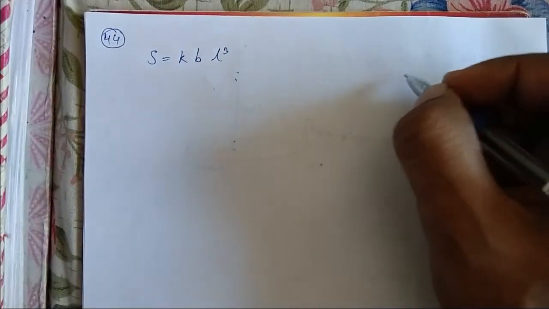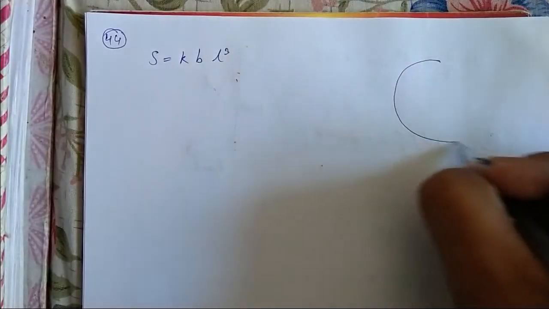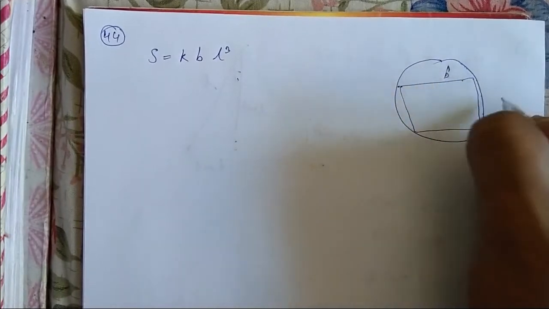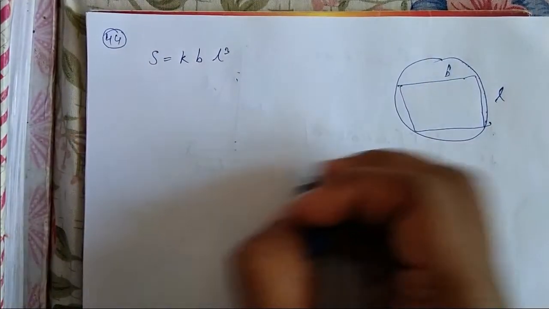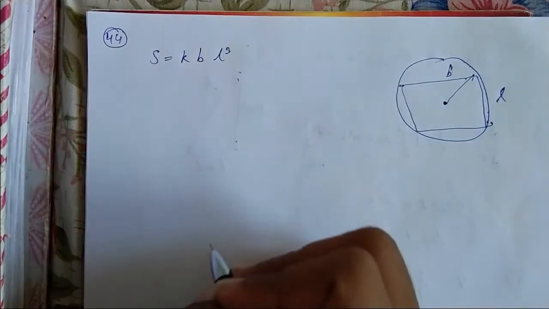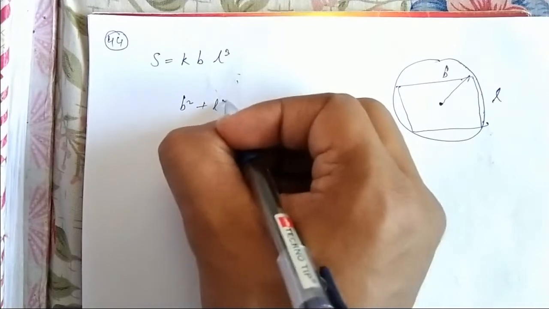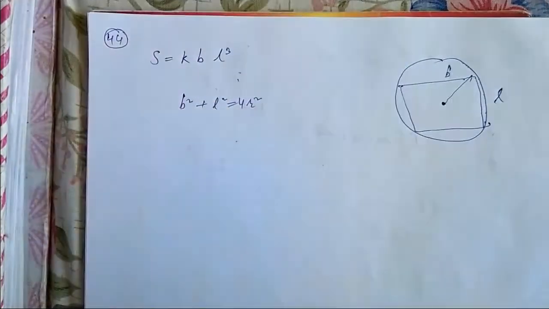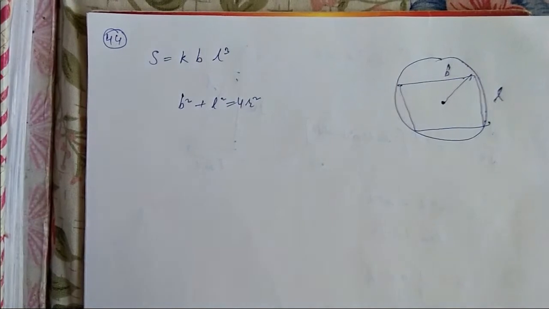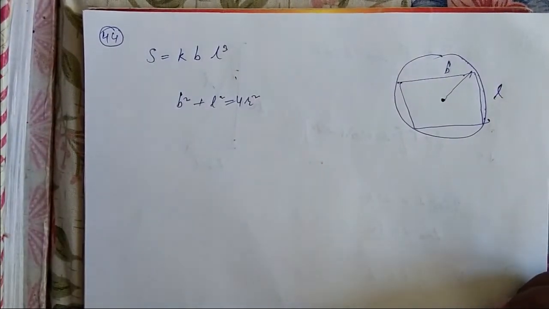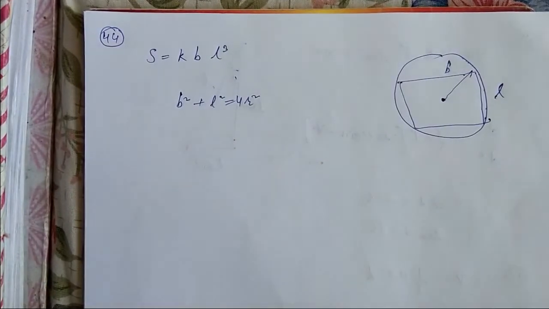Okay, and also b² plus L² is equal to 4r². So our aim over here is that we need to maximize the stiffness of the beam.